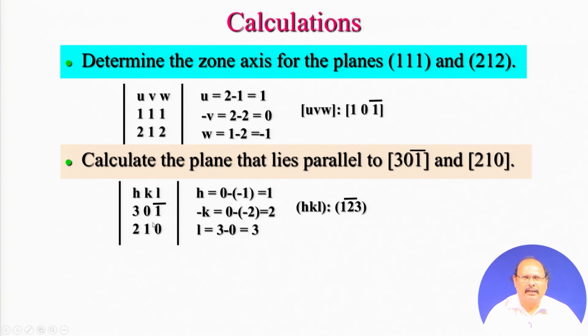So, 0 minus minus 1, that is 1, and minus k is 3 into 0 minus 2 into minus 1. So, minus k is equal to minus minus 2, that is 2. So, k is equal to minus 2, whereas l is equal to 3 into 1 minus 2 into 0, that is 3. So, h, k and l will be 1, minus 2, 3. So, this will be the Miller index symbol of the plane in which lie these two directions.